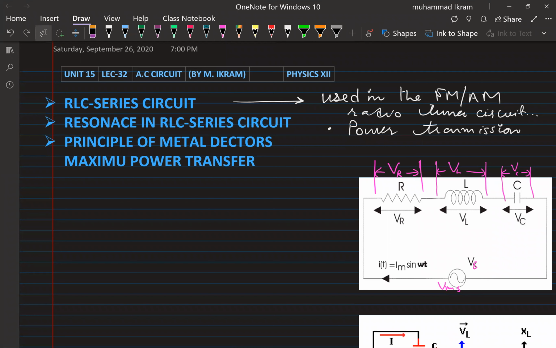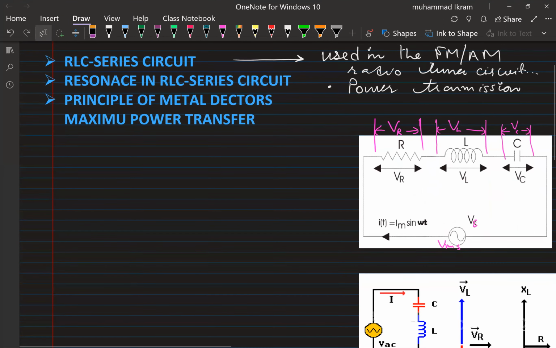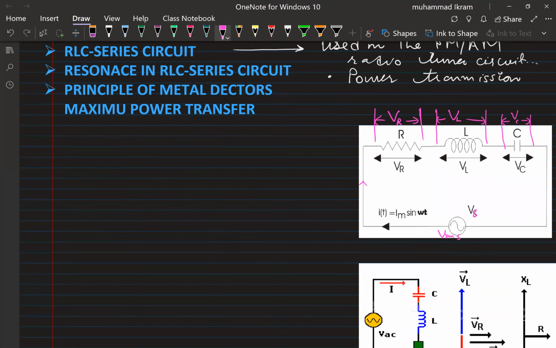Now, the most important point is that the same amount of current passes through each electrical component, because there is only one path for the flow of current.